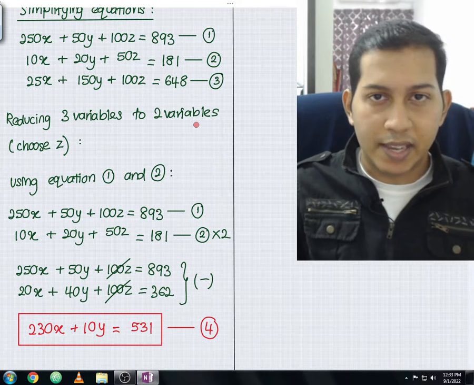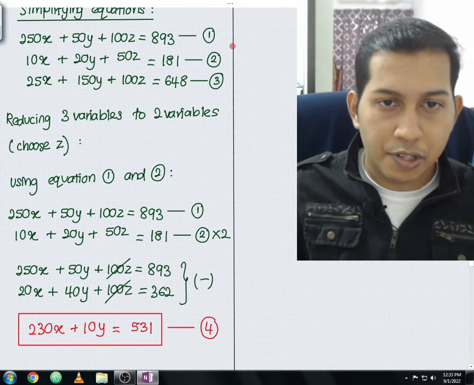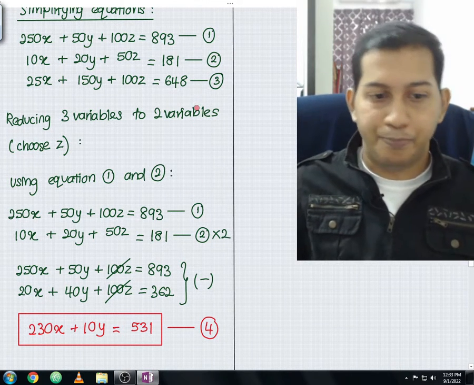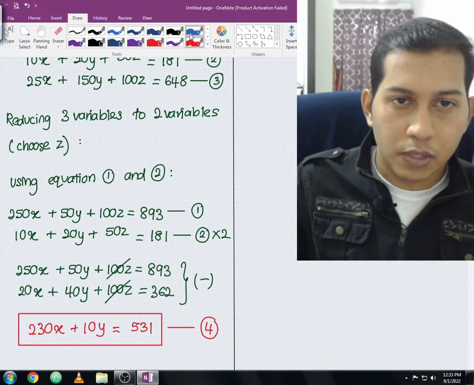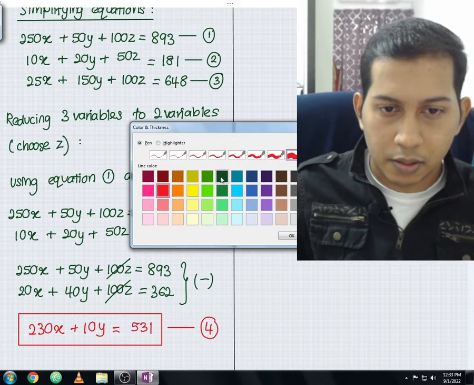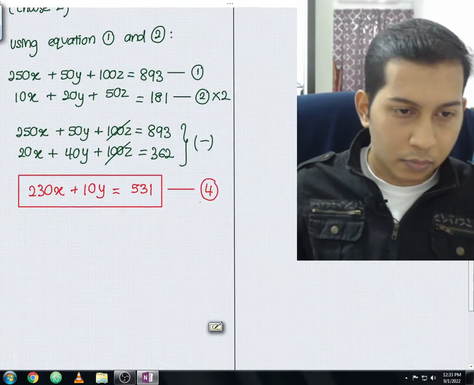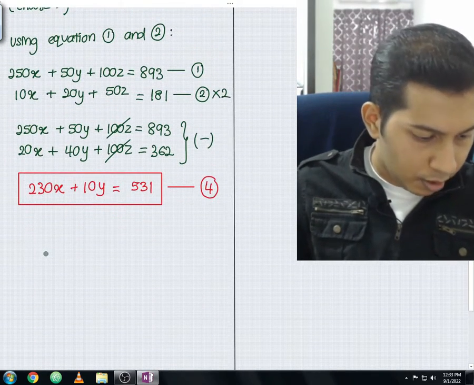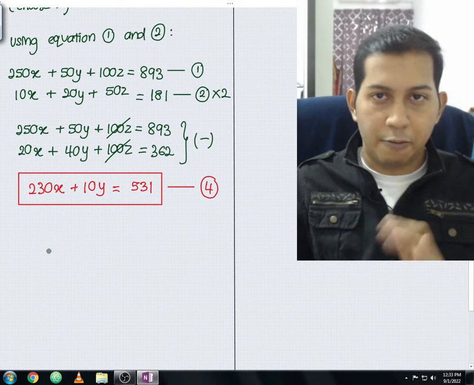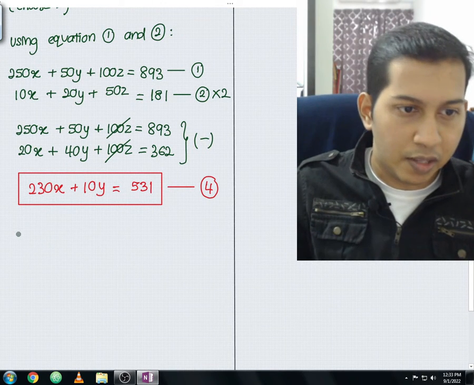So for the second time, we're going to choose equation 2 and equation 3. Let me just change the color ink. In this case, since we are going to use equation 2 and 3, let me just write in the working here.